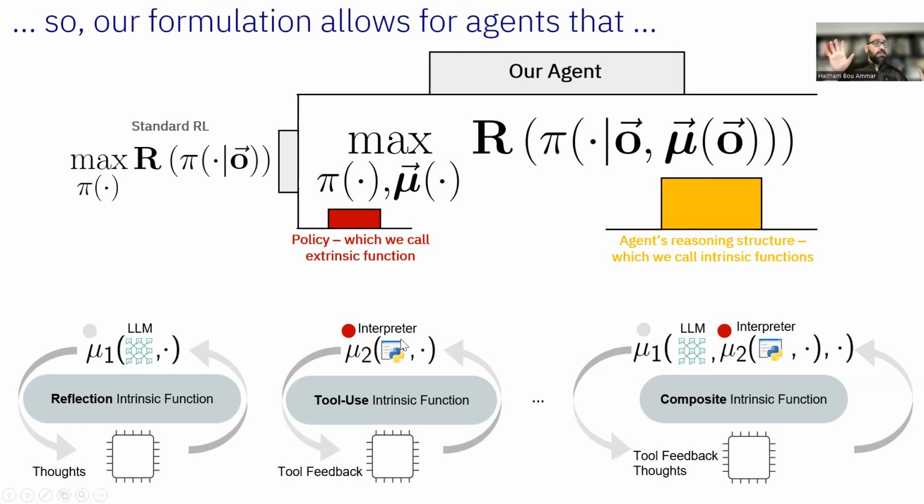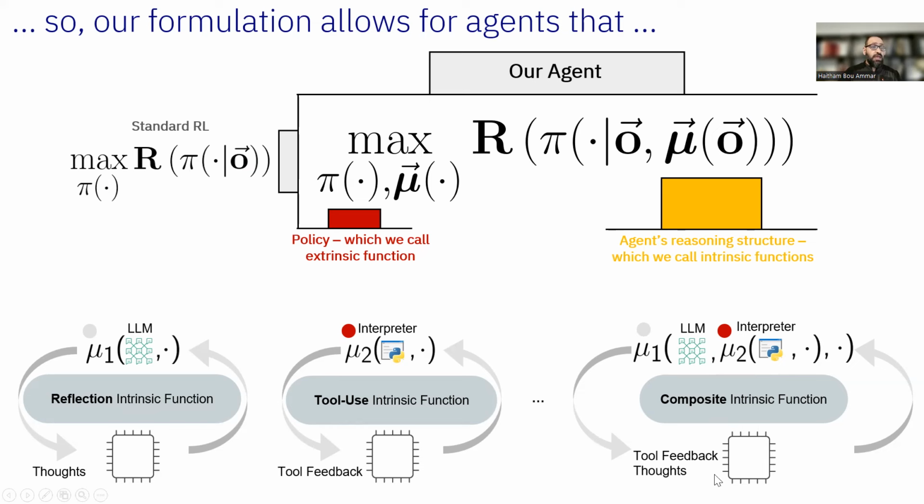But maybe the coolest part of those intrinsic functions is that they are composite. We could nest those intrinsic functions in any order we like. For example, here I show you a composite intrinsic function, which is taking an interpreter first, and then passing that to another intrinsic function, which is taking an LLM, like a reflection one.